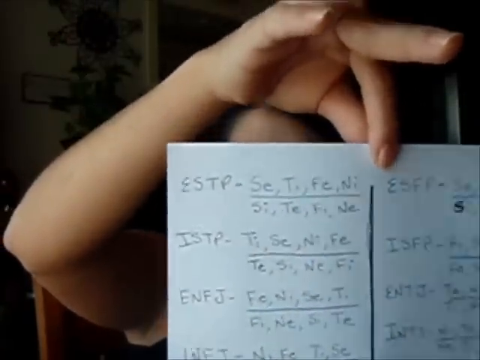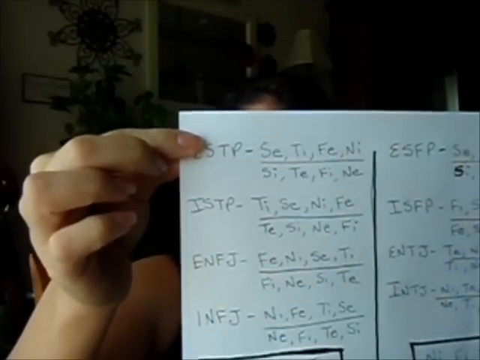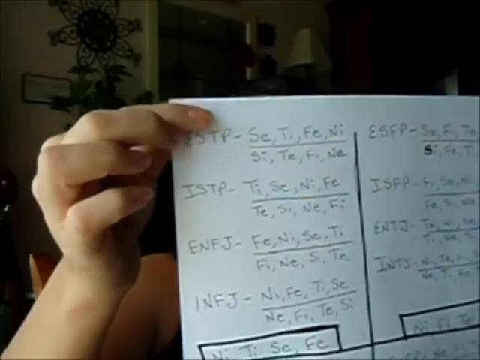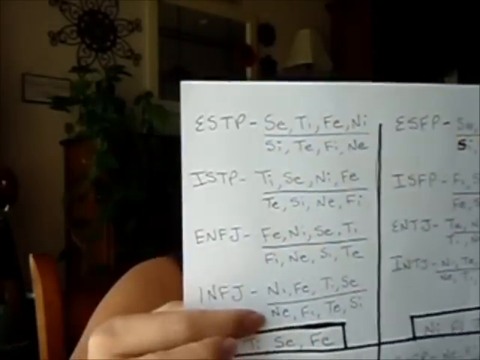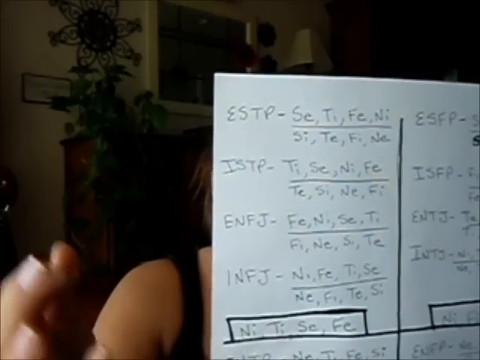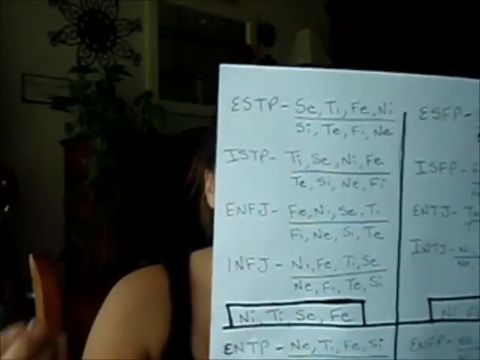So back to here. Since I explained that, something that will also help you memorize cognitive processes a little easier is that there are going to be 4 personality types that have the same primary cognitive processes in common, just in different orders.